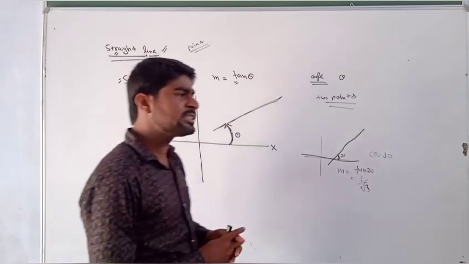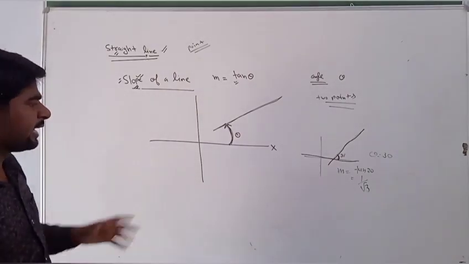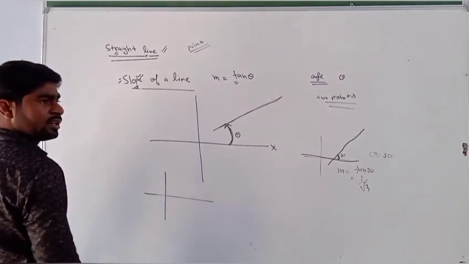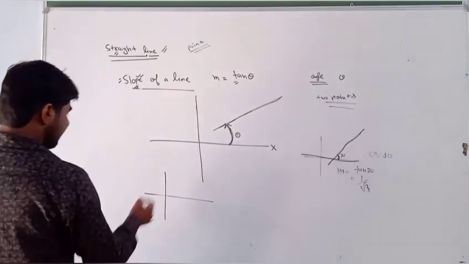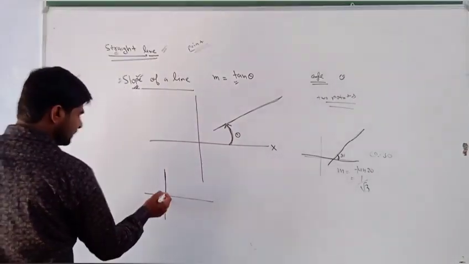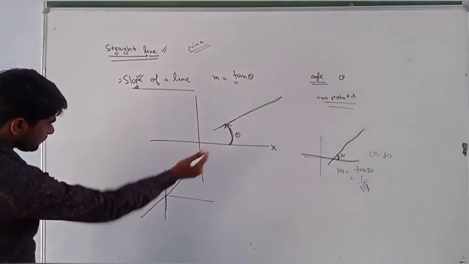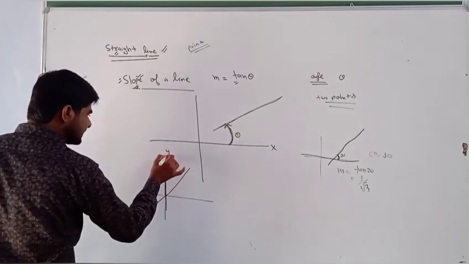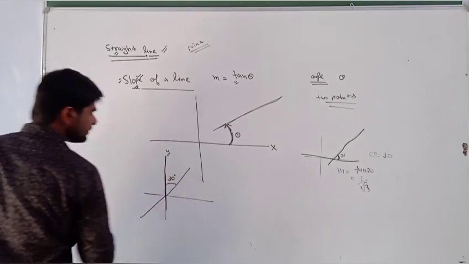But in the questions, it is not given directly that you will get the angle with the x-axis. Suppose a line is there which is making a 30-degree angle with the y-axis in clockwise direction. See, what will be the slope of the line? So it is making the angle with the y-axis.